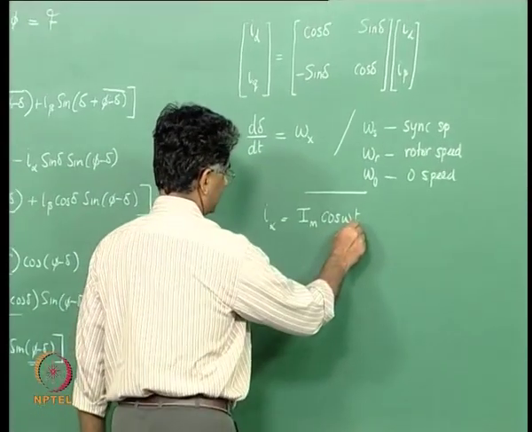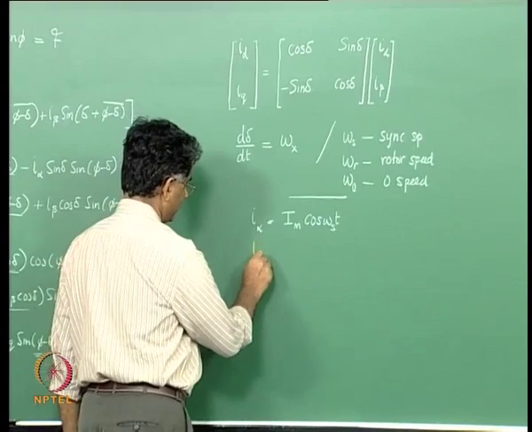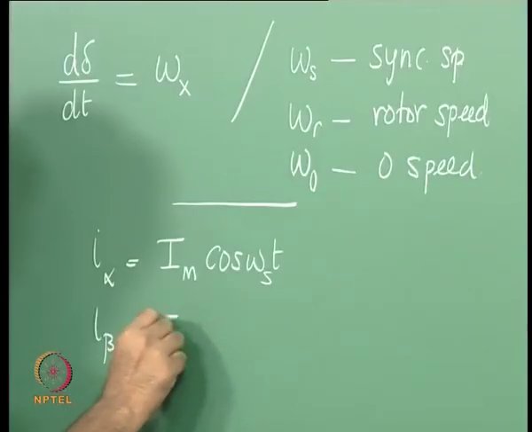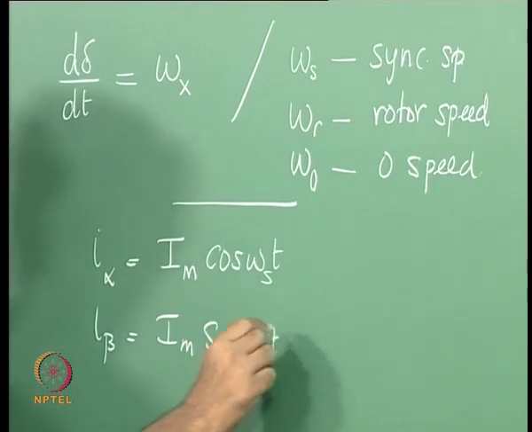So that is omega s, and similarly you have I beta equals I m sin omega s into t.